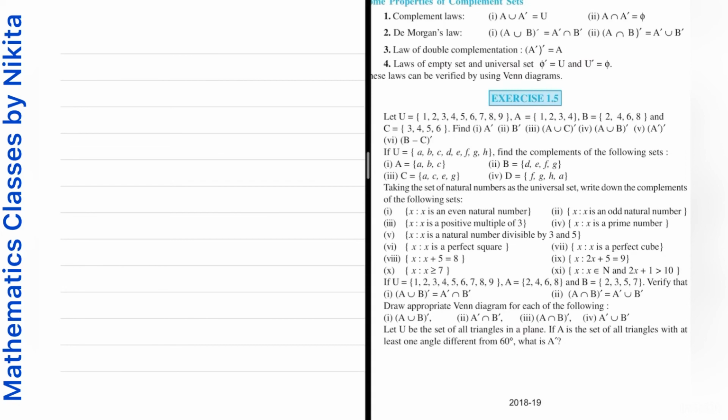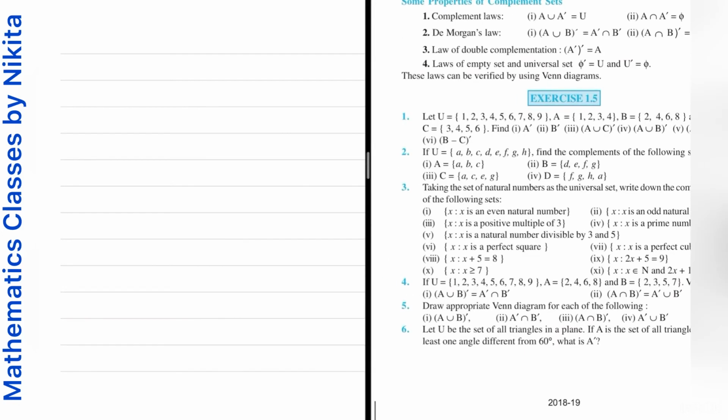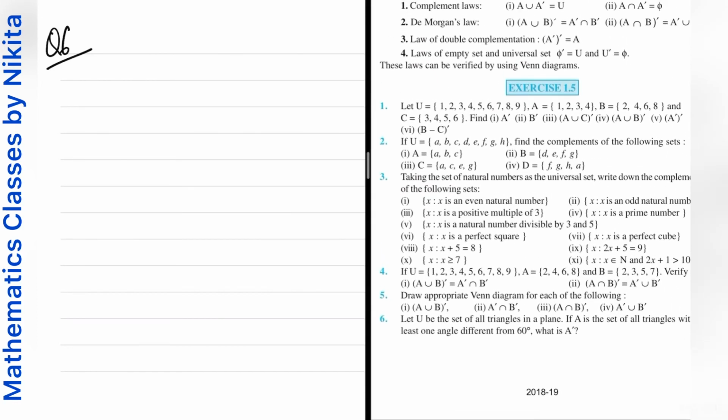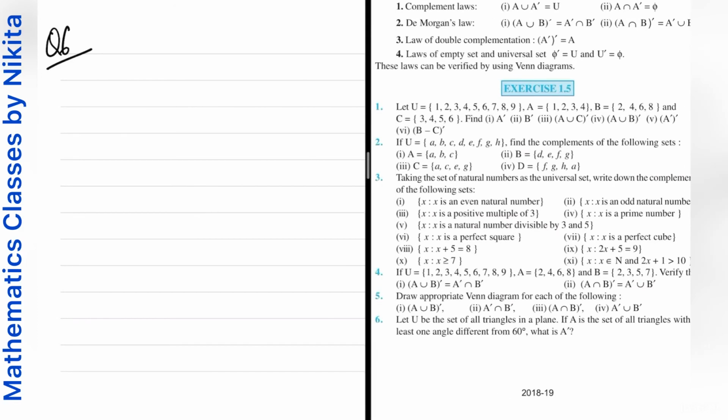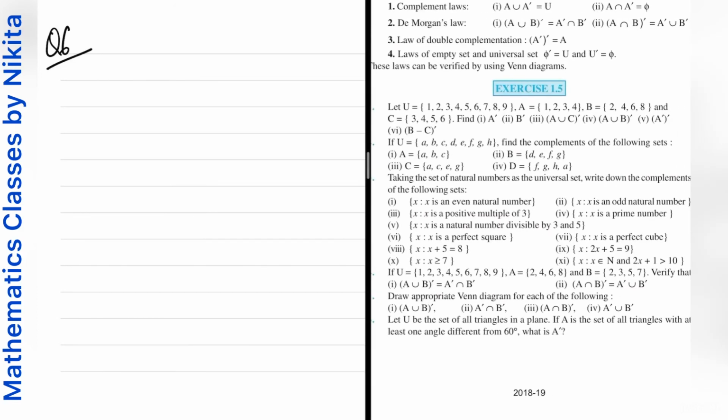Now question number 6. Let U be the set of all triangles in a plane. So the universal set is the set of all triangles. If A is the set of all triangles with at least one angle different from 60 degree. So what is A?